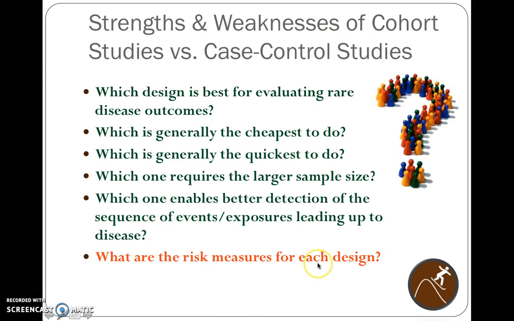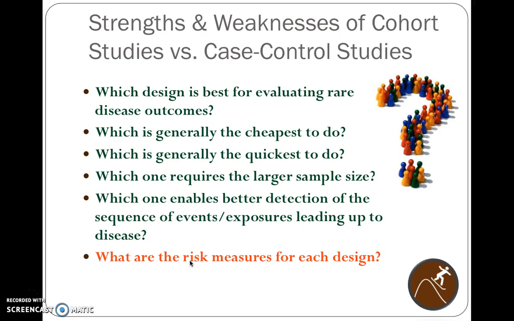And then what are the different measures for each design in terms of risk measures that the statistical tools can give us? So we could do the calculations or use the software. We'll use the software for one of these. And the risk measures would be for case control study as well as for the cross-sectional studies, we can get an odds ratio.